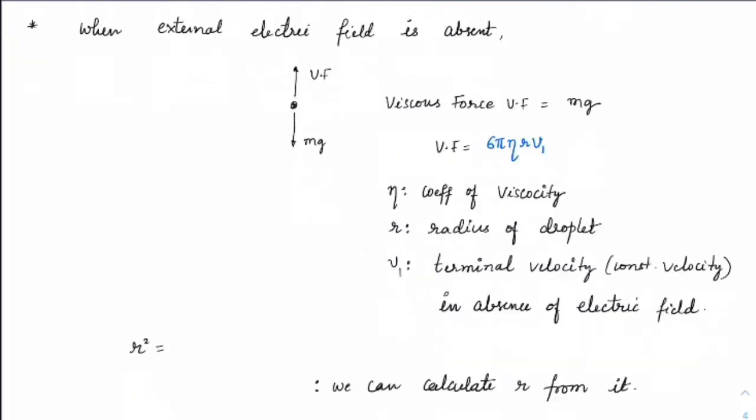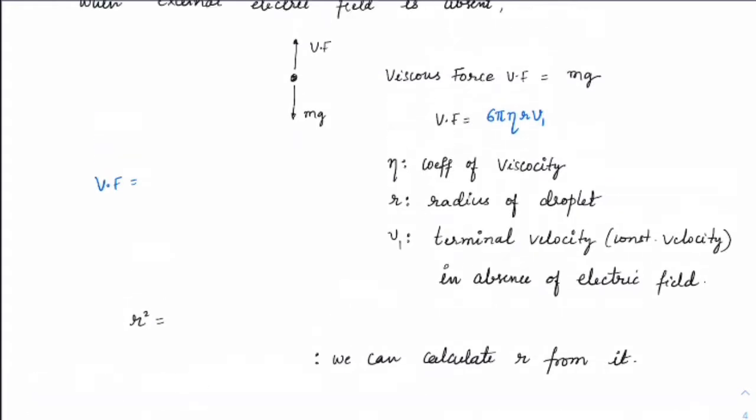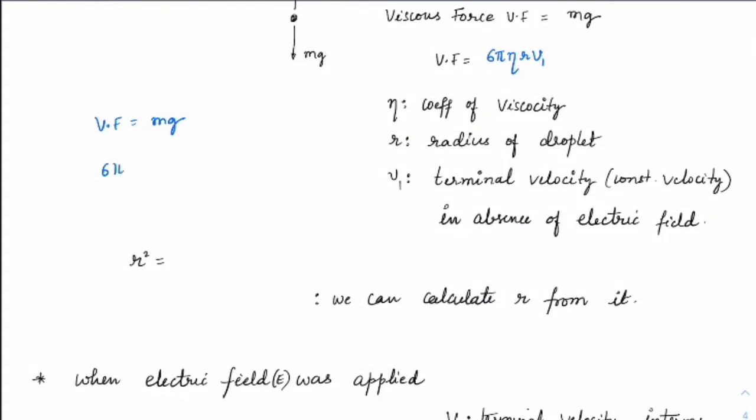Okay, anyways, our objective is to make sure that this viscous force is balanced by this mg, then the oil droplet will stop. Which means 6 pi eta r v1 is equal to mass, I am writing it as 4 by 3 pi r cube, which is the volume, multiplied by the density of the oil into g, right?